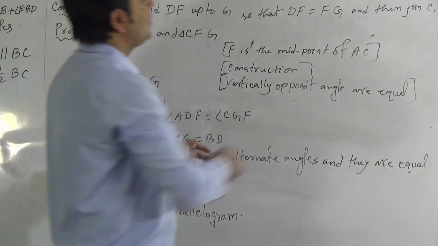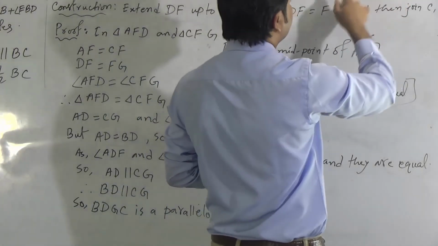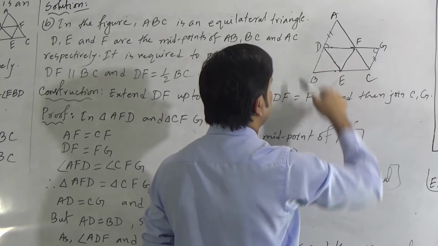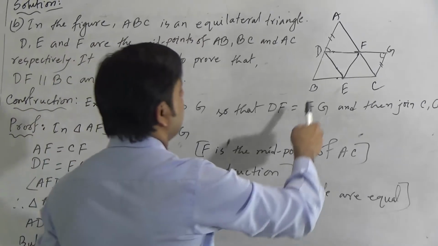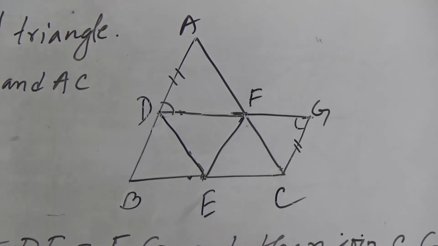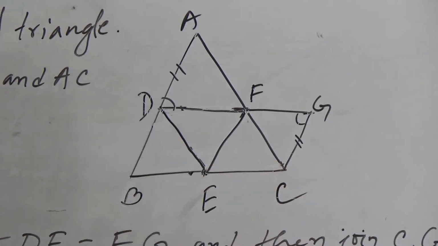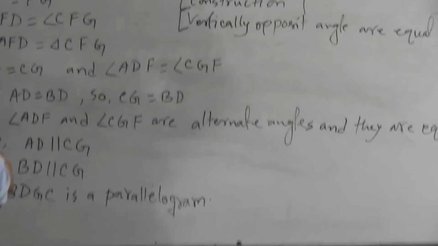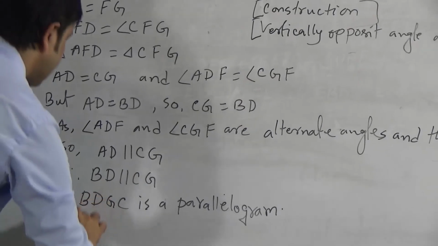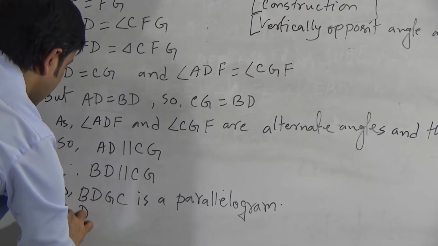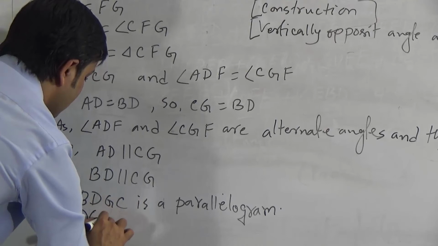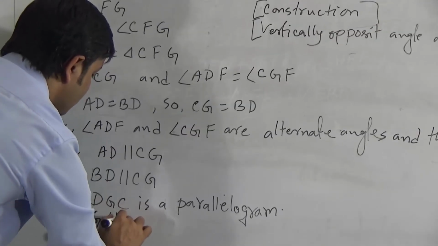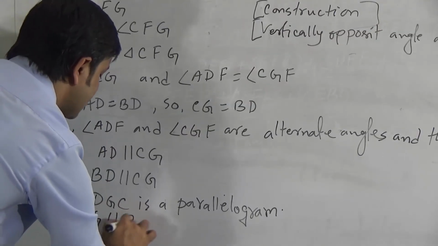As this is a parallelogram, these two sides will also be equal, and these two will also be parallel. Therefore DG is parallel to BC.